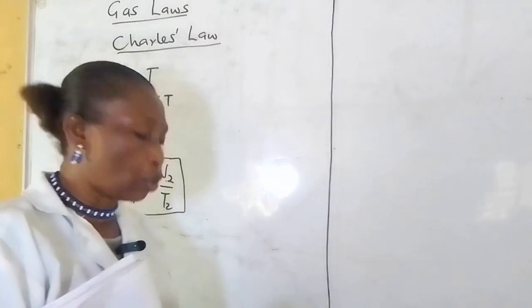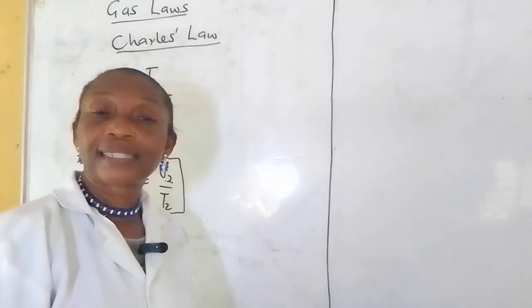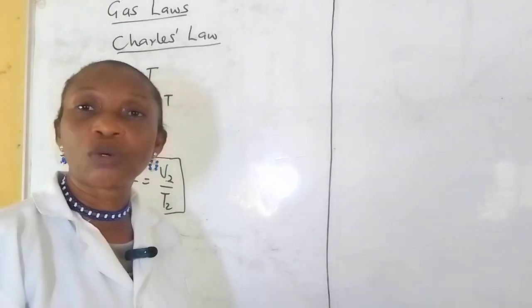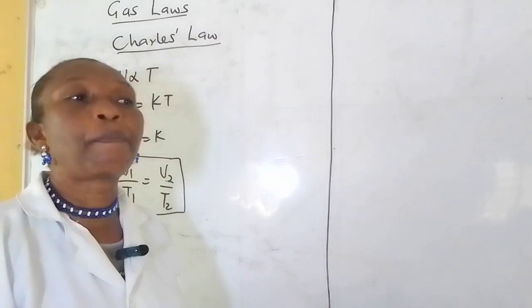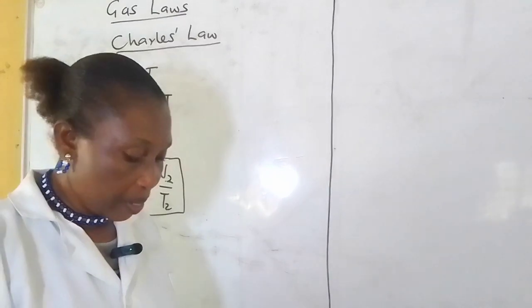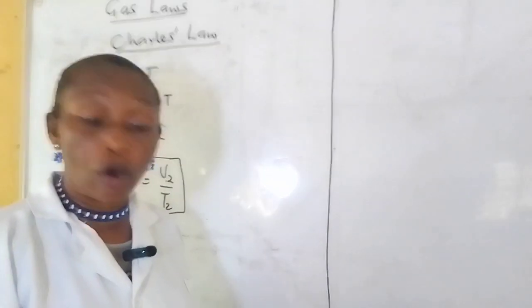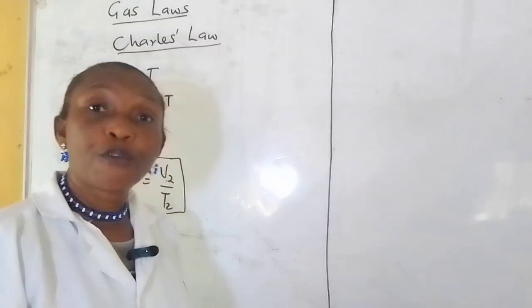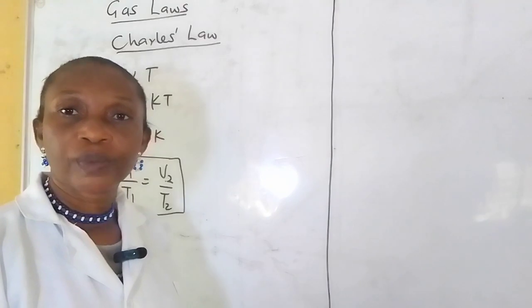Now, according to kinetic theory, which says that matter is made up of particles which are in continuous motion, and that the particles of matter possess kinetic energy, Charles law is one of the gas laws fully and well explained by kinetic theory.